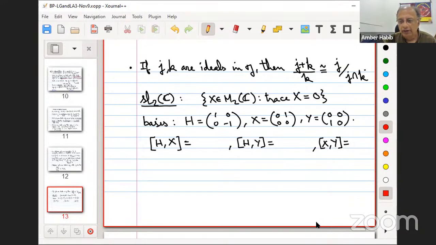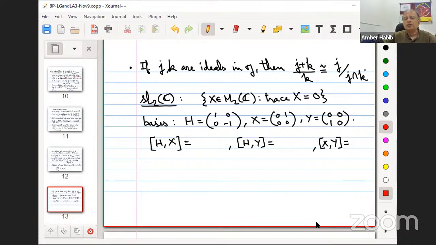One is that you take a diagonal matrix H with entries 1 and minus 1 and off diagonals 0, or else you take the diagonal entries to be 0 and have off diagonal entries. So you take X with the 1 in the 1 2 position and Y with the 1 in the 2 1 position.